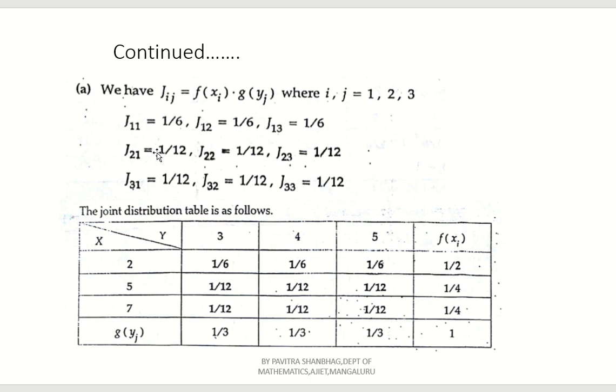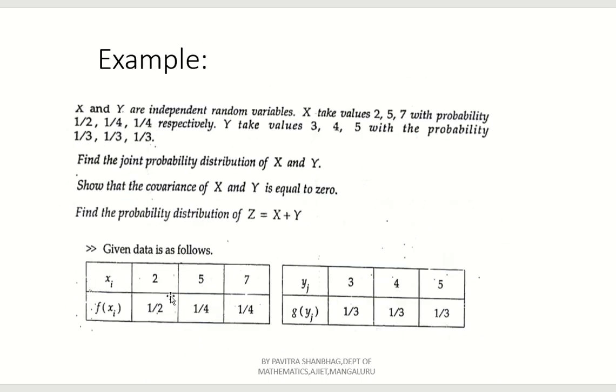And what is J21? That is f(x2) into g(y1), this is f(x2) into g(y2), this is f(x2) into g(y3). See here, just multiply, what you will get, f(x2) this one. So 1 by 12, again 1 by 12, again 1 by 12.